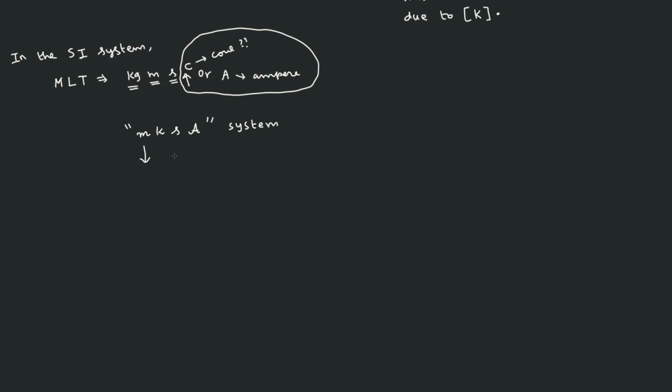That rationalization procedure was done to this MKSA system, and it is known as R, MKSA, where R means rationalized. But writing RMKSA is not at all good, so people have simply renamed this to the SI system.